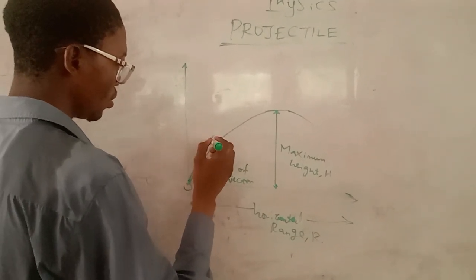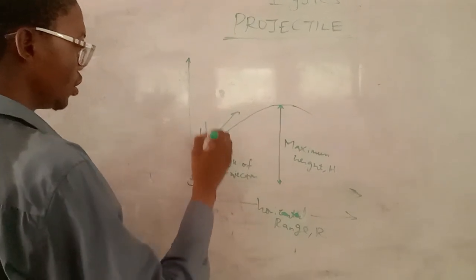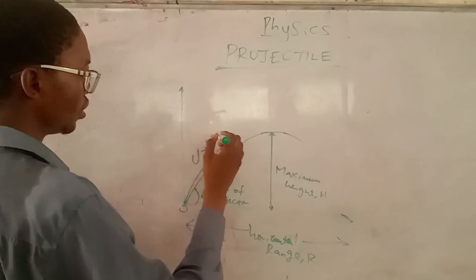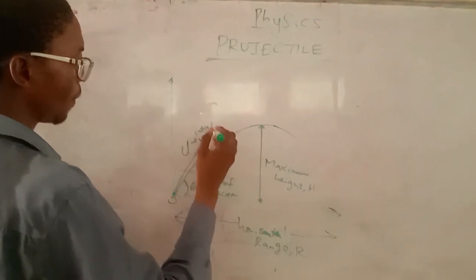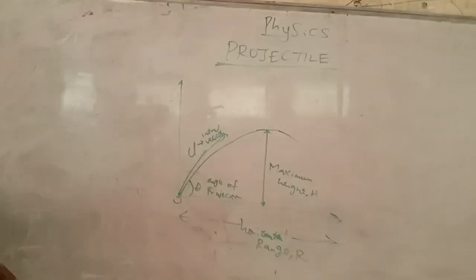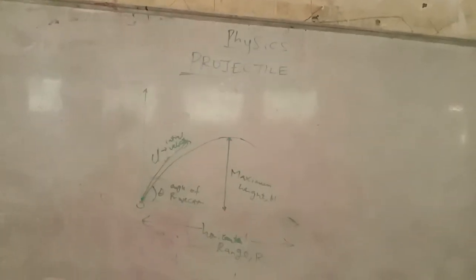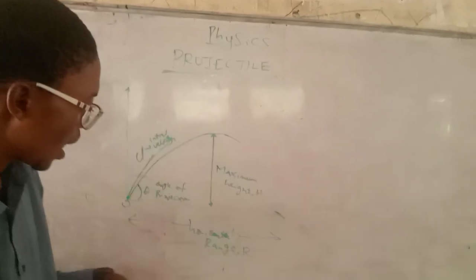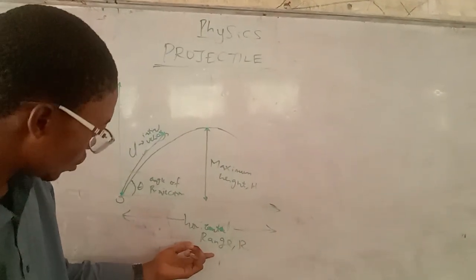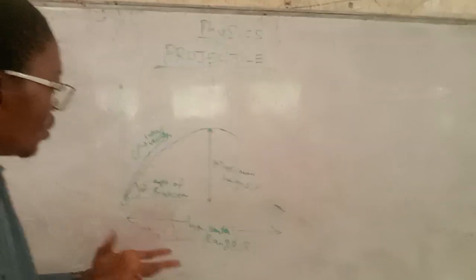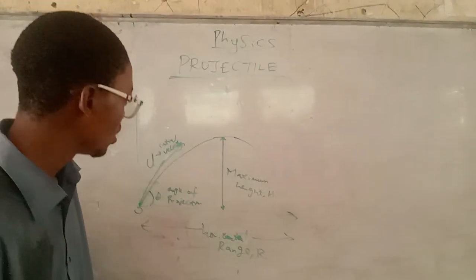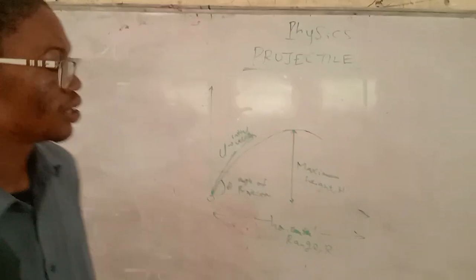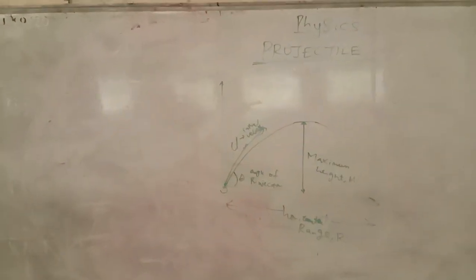Let's say u. So we have our angle of projection, maximum height, the horizontal range, or you can just call it range. We also have our initial velocity, which is u.